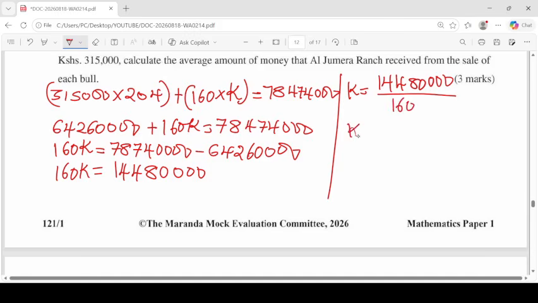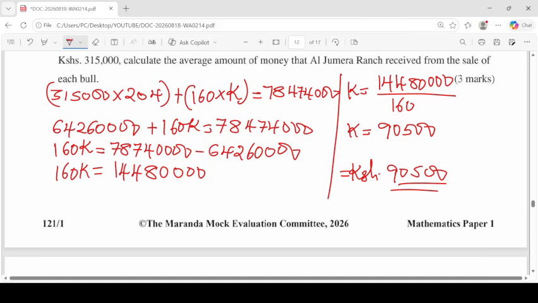So K will be equivalent to 90,500. Remember, they want the average amount of money that Al Julmera received from the sale of each bull. So it is 90,500 shillings. That is the average from the sale of each bull.